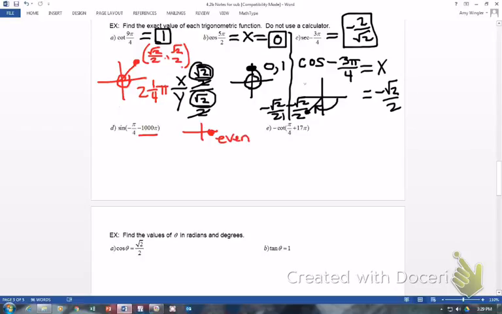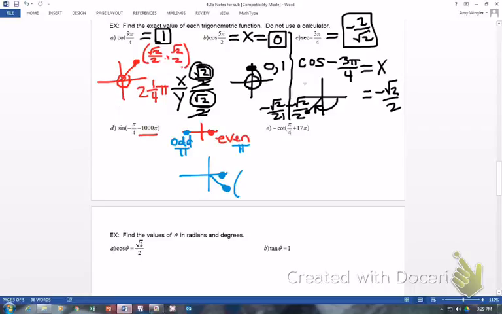All odd numbered pi's end up being over here. So since 1,000 is even, negative 1,000 is going to end up over here. Since it's negative, you would have gone in a clockwise rotation. So now you have to just go negative pi over 4 more. So that's going to put us right here.